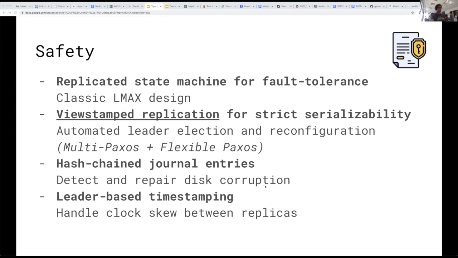And it's just a hash chain of the journal entries. And that allows us to, as Joran said, detect and repair corruption as we go. So it allows us to identify when checksums suddenly go awry, we know something's wrong, and we can actually implement self-healing into the system.